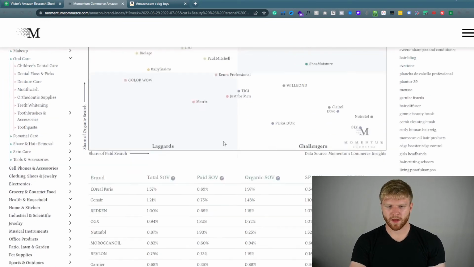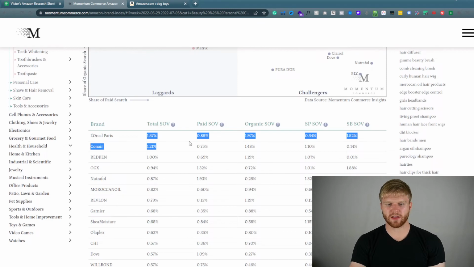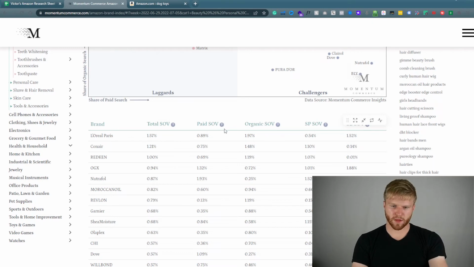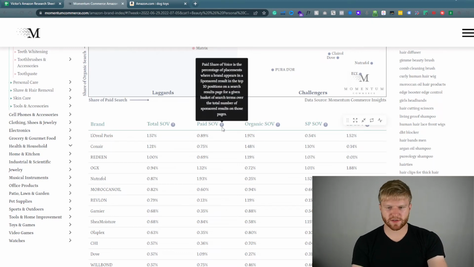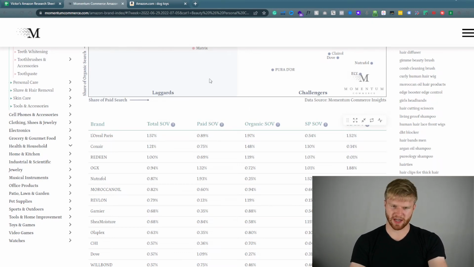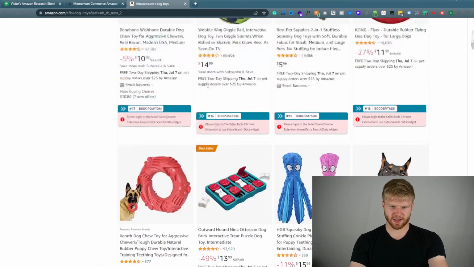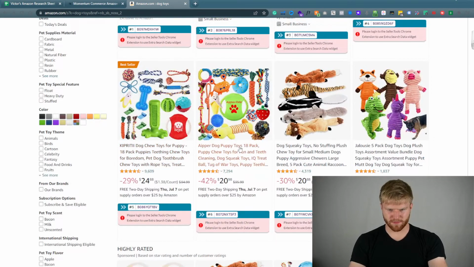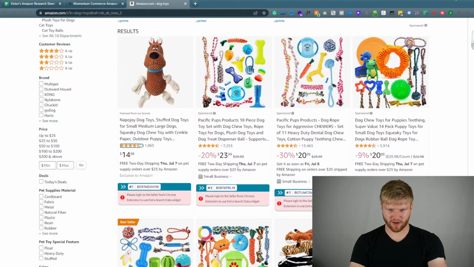And you will be able to see their total share of voice in the top 10 positions, like which one is in the top paid search share of voice, and this means just the people in the top 10 positions. So let's say, something that's not hard to pronounce, Pacific Pup Products.